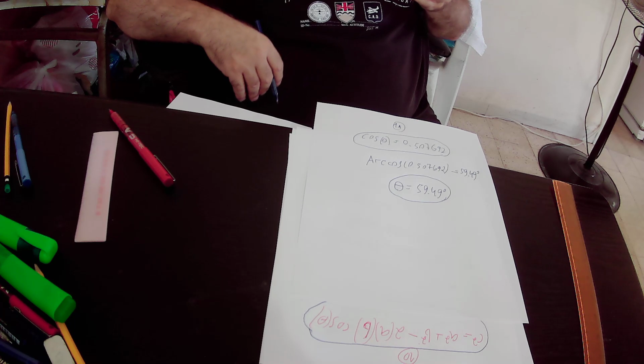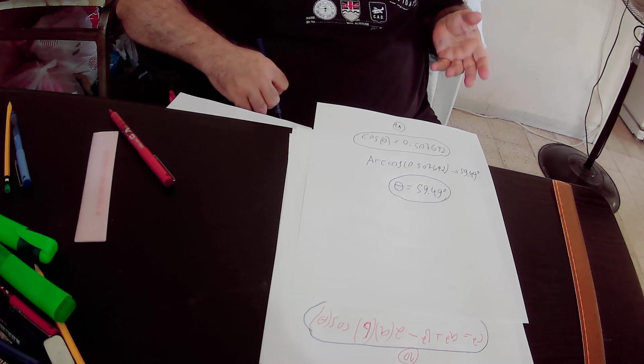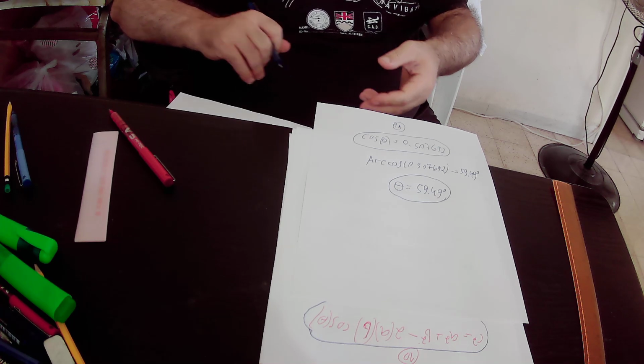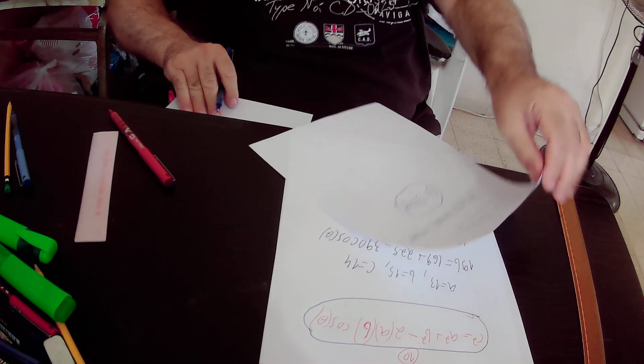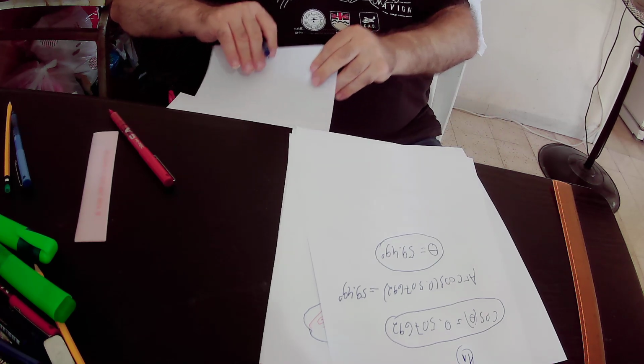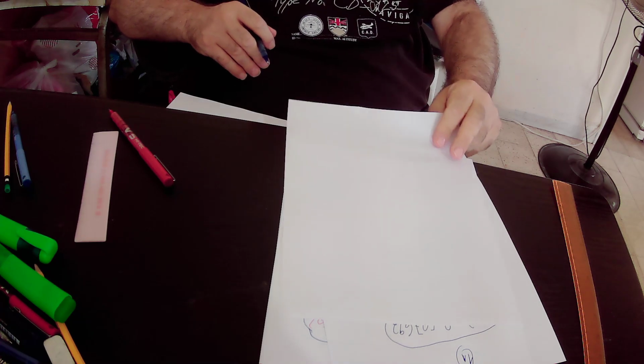After we found the value of theta, it is very easy to find the area of triangle ABC, because we actually have the sizes of all the sides of triangle ABC.